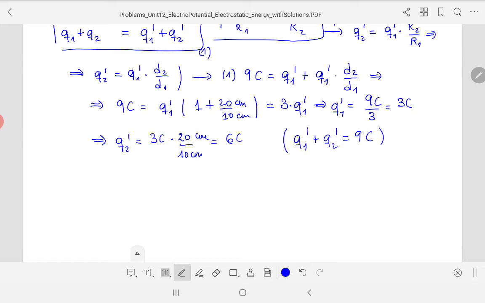Okay, so now that we have Q1 prime and Q2 prime, the surface charge density of the first sphere is going to be Q1 prime divided by the total surface.